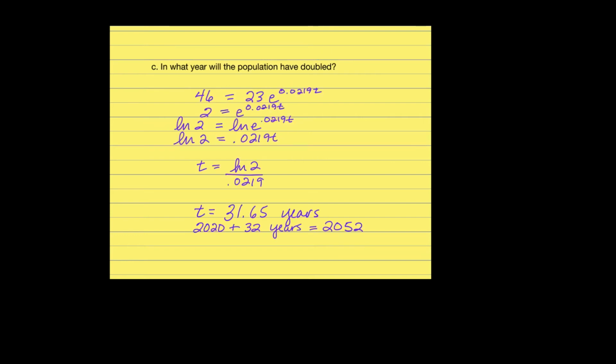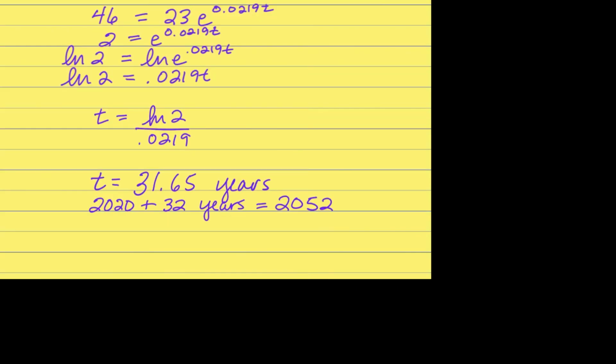So to find out how long it's going to take for the population to double, this time we're going to be solving for t. We started out with 23 million people, so if we double that, we'll have 46 million people. So the ending amount in this case is 46, and the initial amount is 23. That gives us a doubling, and the rest of the equation is the same.